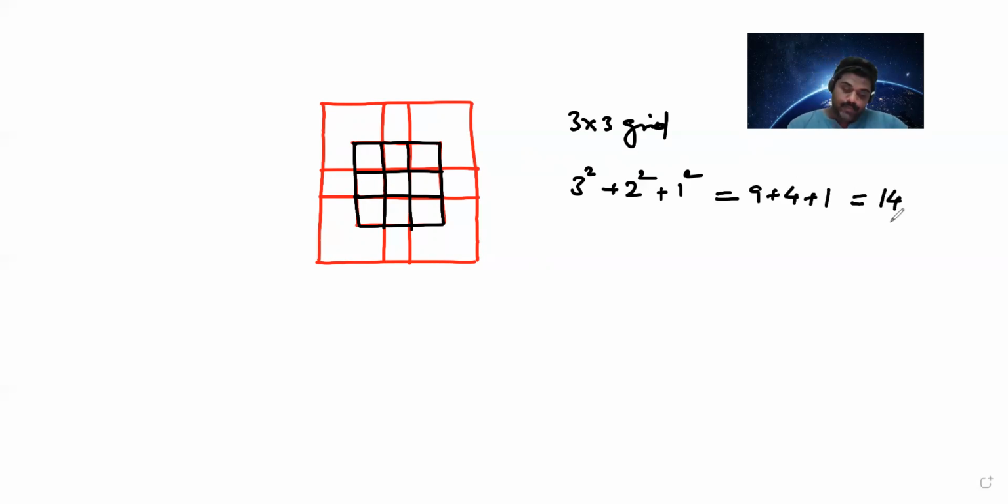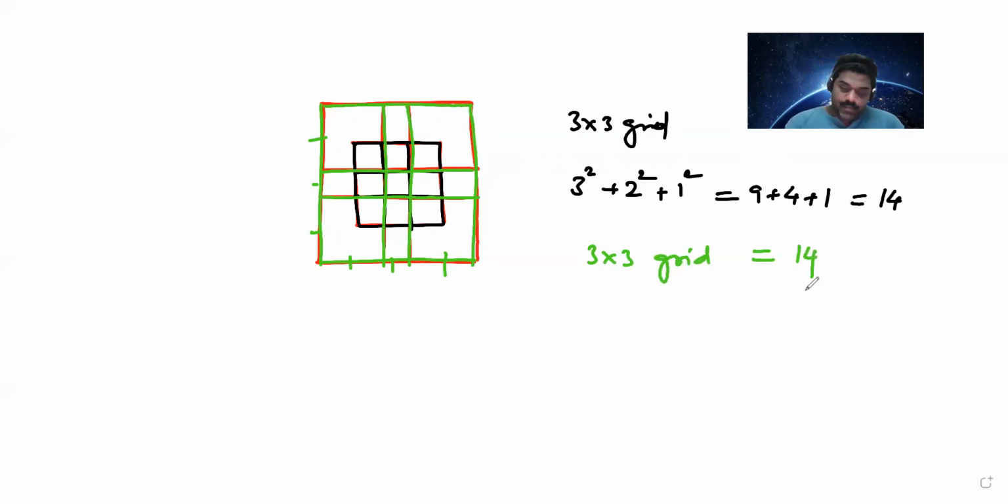Now again, if you observe at the outer range, this is once again a grid which is 3 by 3. 1, 2, 3. 1, 2, 3. So another 3 by 3 grid would mean 14 squares.